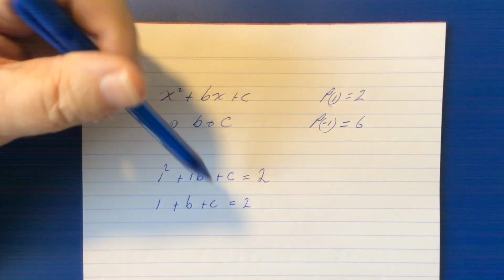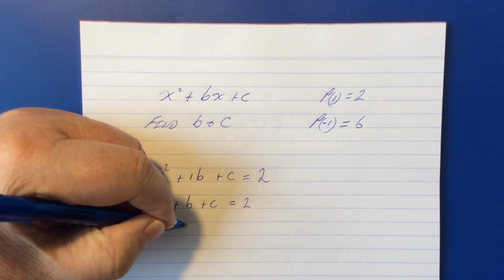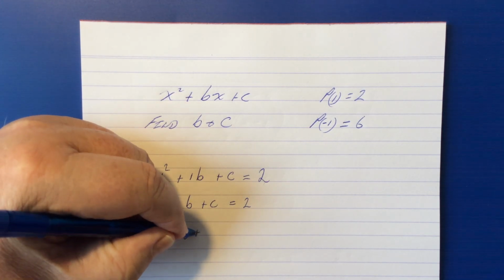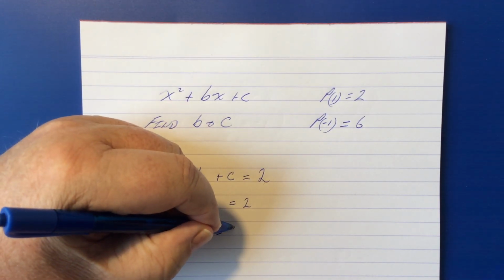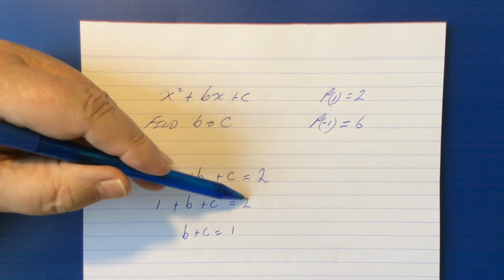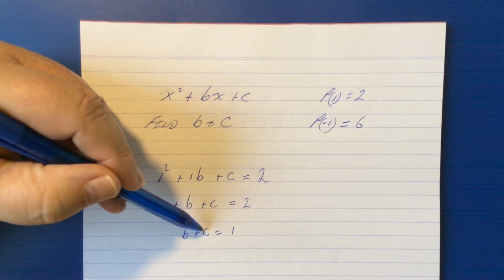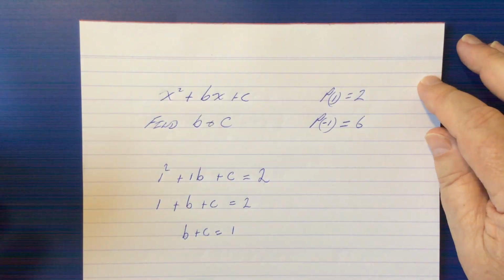Right, so tidy this up and we get b plus c is equal to 1. Two minus 1 is 1, b plus c equals 1. Right, that's our first equation out of the way.